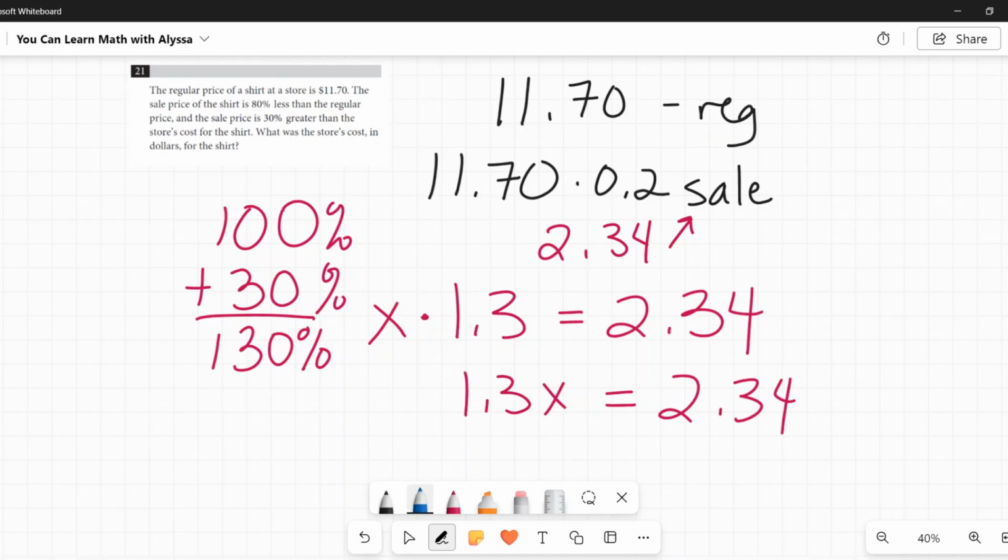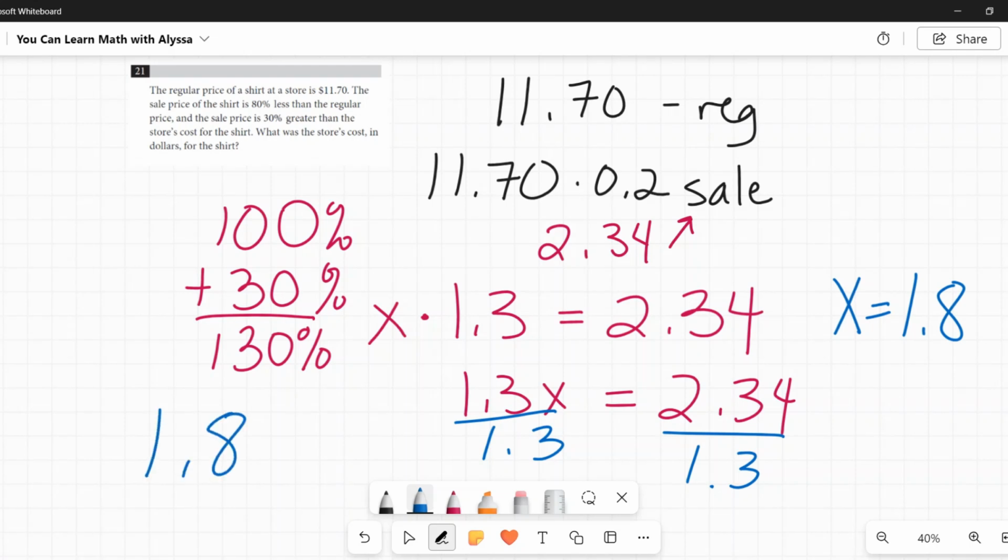Now to undo this, x is being multiplied by 1.3, so I need to divide both sides by 1.3. When you divide $2.34 by 1.3, you get that x is equal to 1.8. So the store's cost in dollars is $1.80, or 1.8. And that is our final answer.